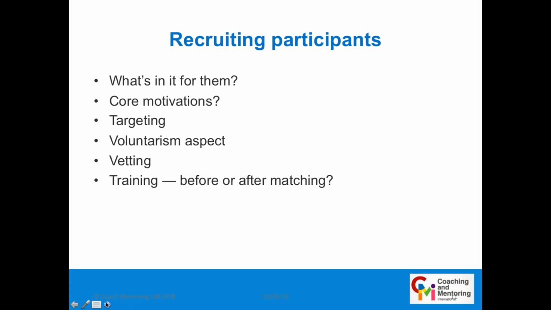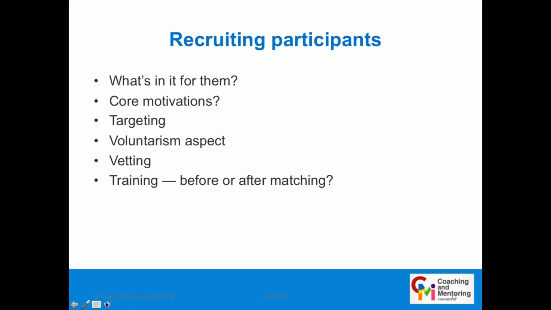And then training. Are you going to train and prepare people before the matching or after the matching? I think that's a really interesting question, because you can do it either way. Sometimes going through a briefing or a training session and talking about matching, and about the sort of individual the mentor or mentee might want to work with, really whets their appetite and gets them to think more clearly about the sort of learning partner they want.